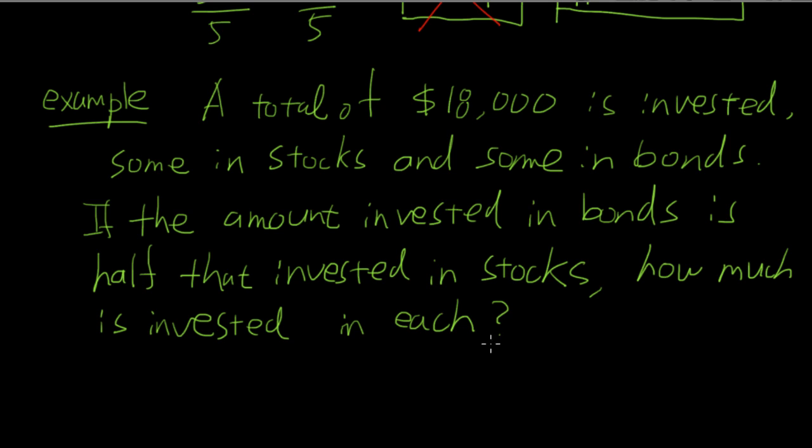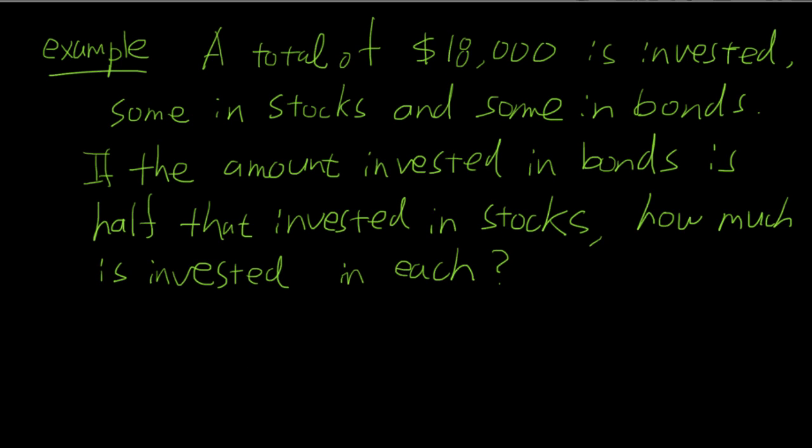Okay, that's the question. Whenever we have to deal with this type of word problem, it's always a good idea to circle whatever important information we have. So total of 18,000 is invested, some in stock and some in bond.